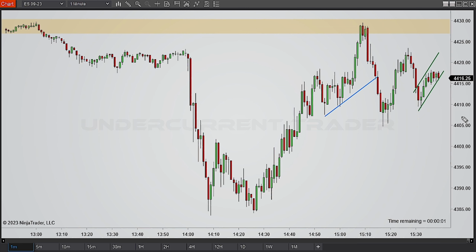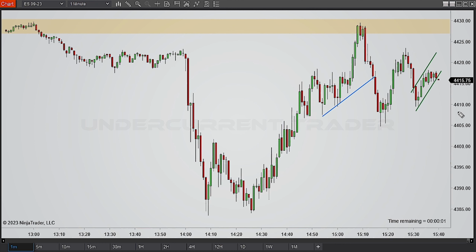As I previously mentioned, in an ascending channel, the price of an asset is trending upward, but within a well-defined trading range with lower highs and higher lows. Now, this pattern can occur when buying pressure in the market is not strong enough to push the price significantly higher and may reflect a lack of overall demand for the asset.